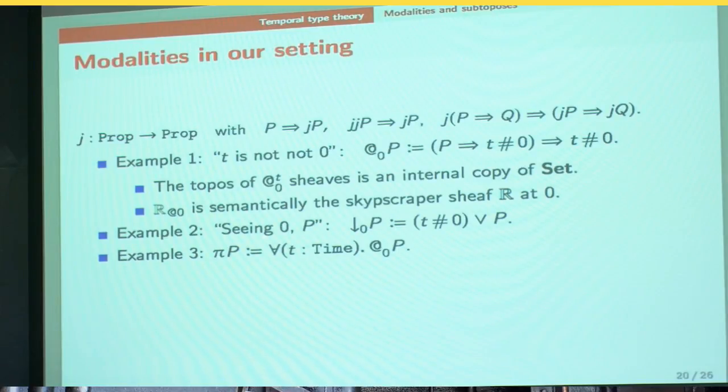Another thing you could say is, if you've witnessed the moment 0, then P is true. So that says either T is apart from 0, you didn't witness 0, or P is true. This is a modality we use, kind of like witnessing 0. Another one is that intervals of long length don't matter. All that matters is that for all time, when you look at instant 0, P is true.